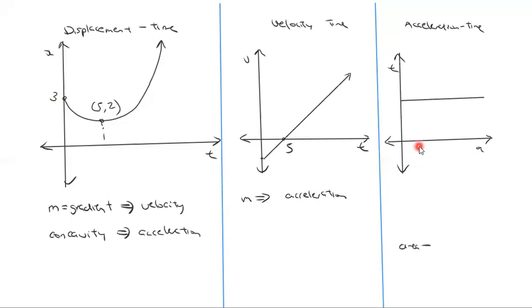Velocity. Yeah, or more technically the change in velocity, but ultimately it's velocity because you need to take the area from somewhere to somewhere. So the area under the curve of the velocity time graph would represent the change in displacement. Yeah.